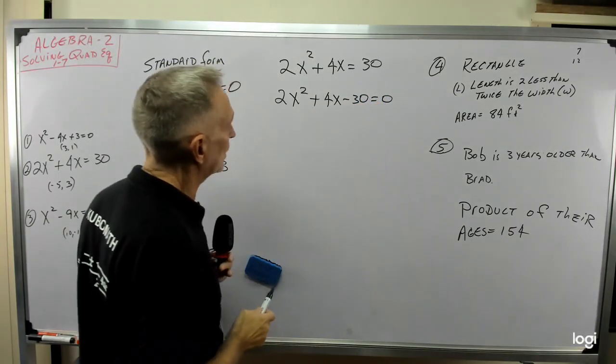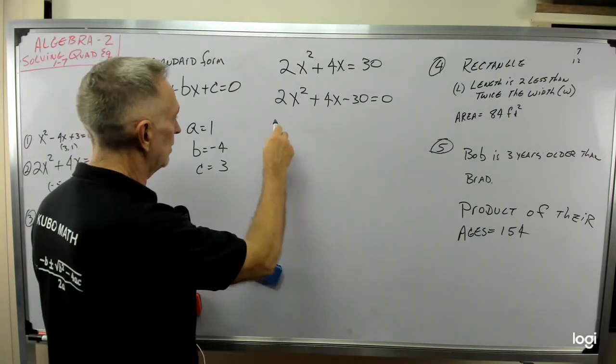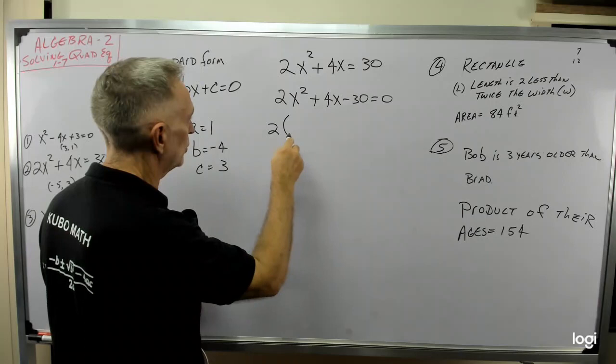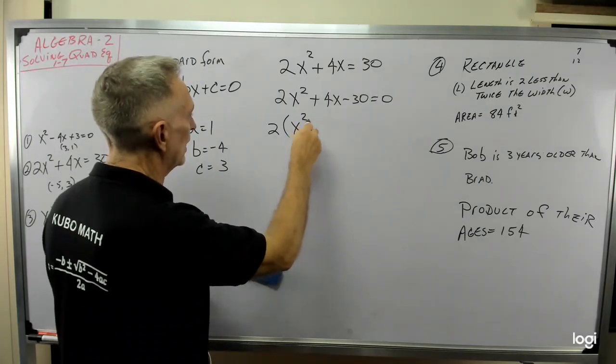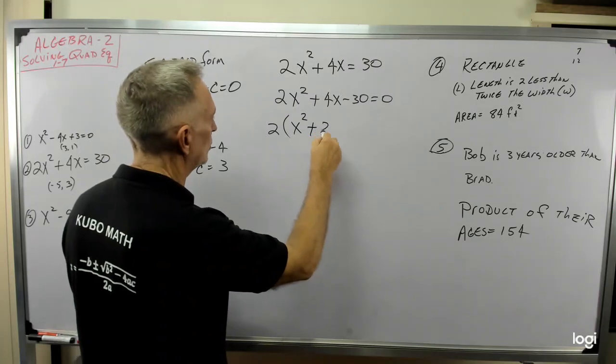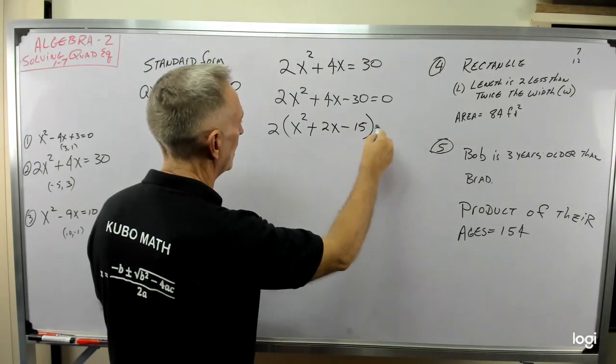I've subtracted 30 from both sides. Okay, I can factor this now to reduce it some, pull a 2 out. So that's x to the second power plus 2x minus 15 equals 0.